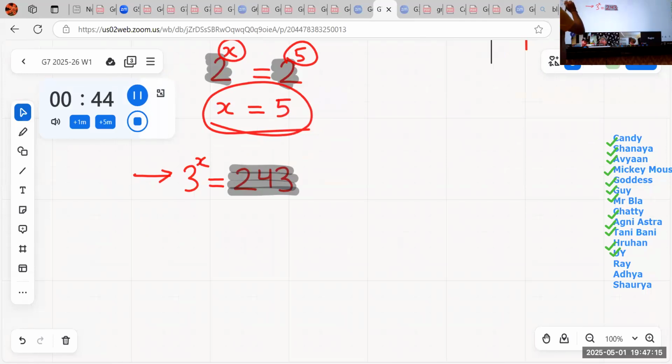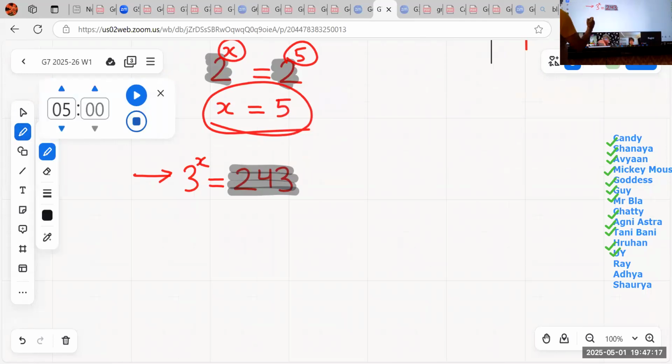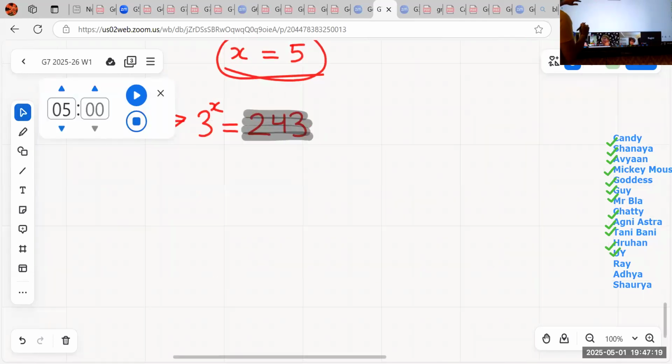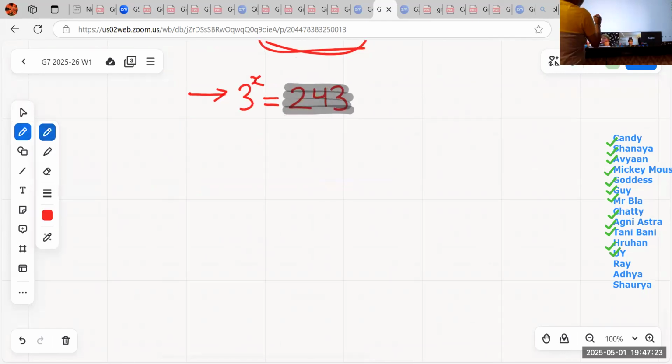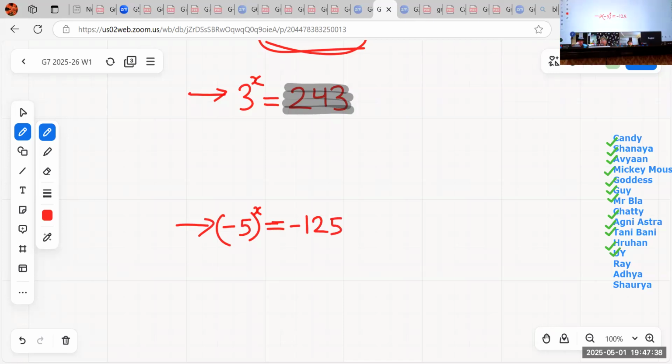The next question. This will be 3 to the power what?